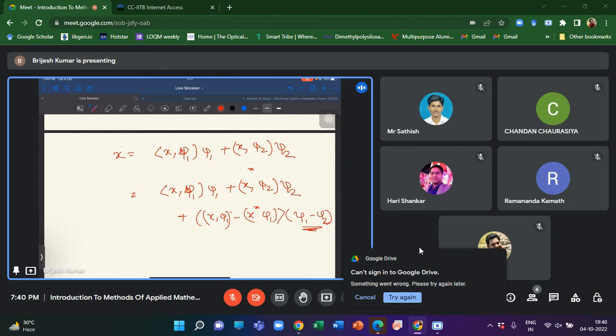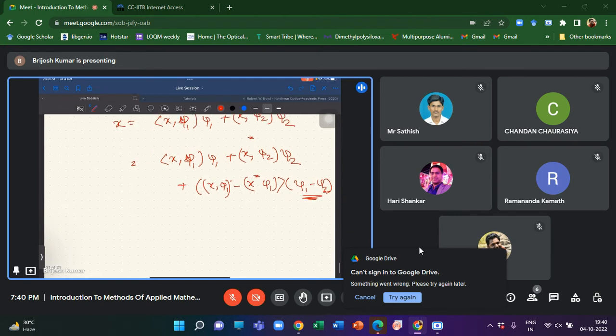Okay, if we arrange it slightly, then we will get x is equal to x comma 2 phi 1 into phi 1, plus x comma minus phi 1 plus phi 2 and phi 2, and the third term, x comma minus phi 2, which is the inner product with phi 1 minus phi 2, equal to phi 3.